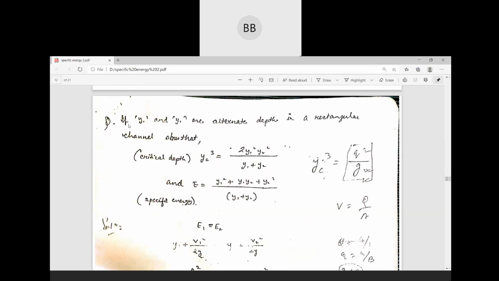If y1 and y2 are alternate depths in a rectangular channel, then we have to prove this expression: yc cube is equal to twice y1 square y2 square divided by y1 plus y2.